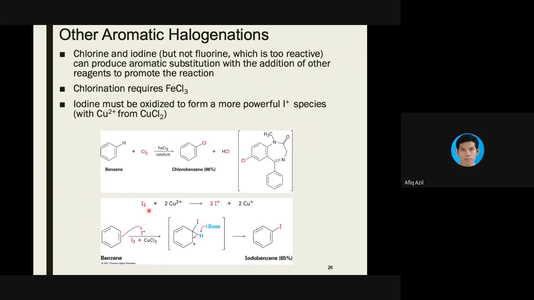So you must use copper chloride, CuCl2, to turn this iodine into I plus. Once you have this I plus, it is considered an electrophile. Remember, an electrophile can be a neutral species and also a positive species, a cation. So the same steps will be used.